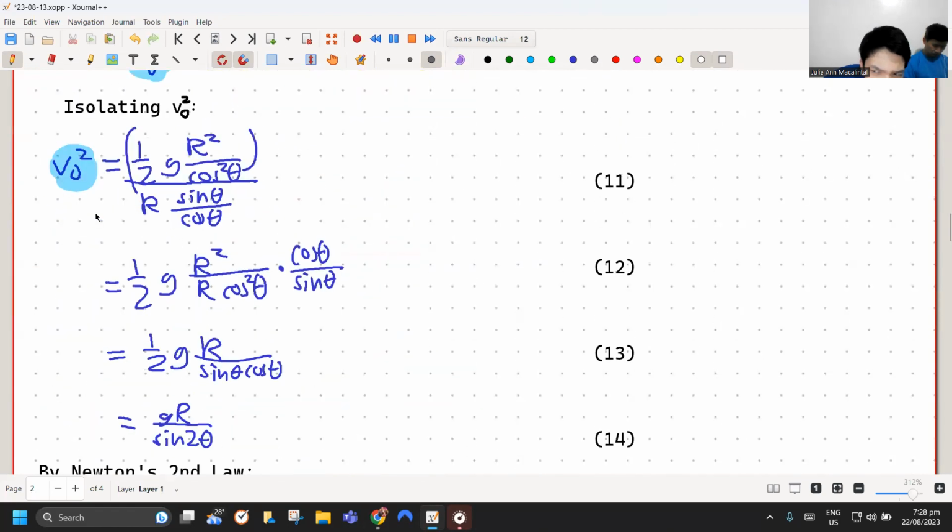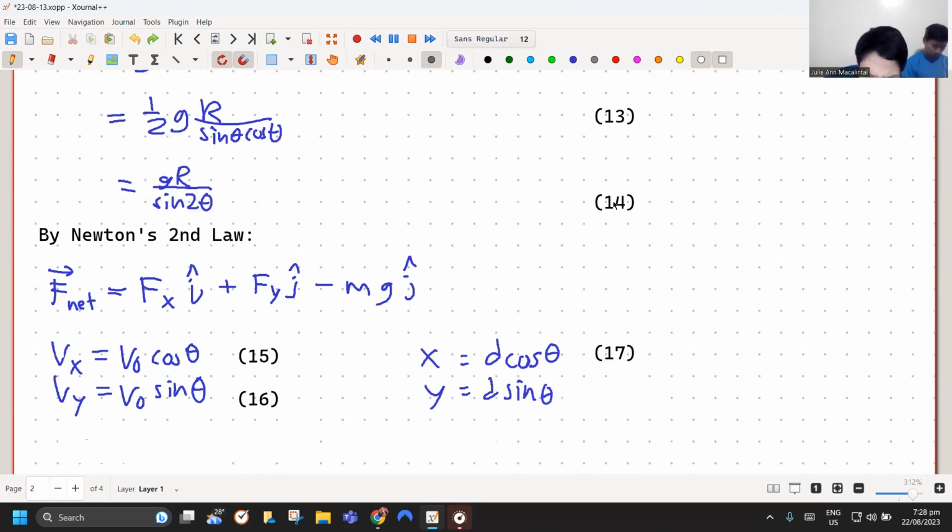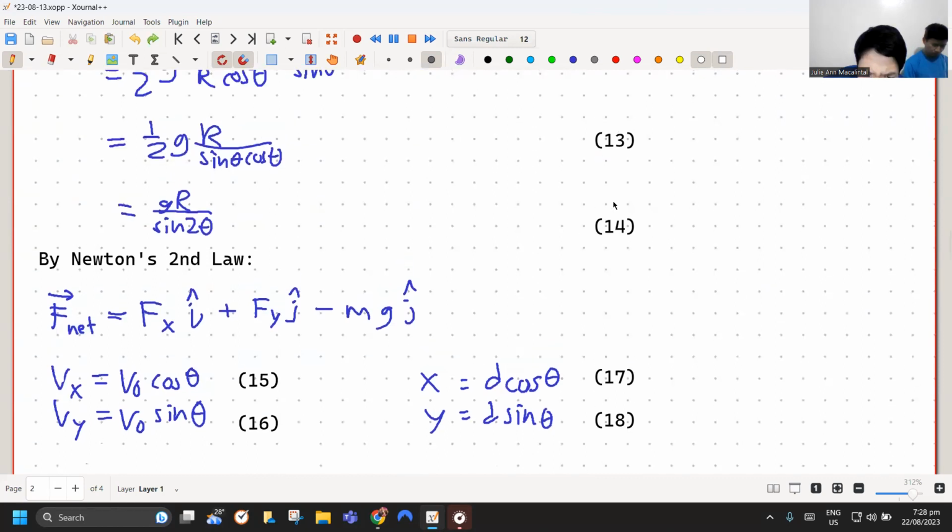So now we can simplify it. Similarly for Vy, it's just Vy equals V0 sine theta because it's the sine part of the triangle that we're taking. And then now we have similarly for the displacements, x is equal to d cos theta and y is equal to d sine theta.